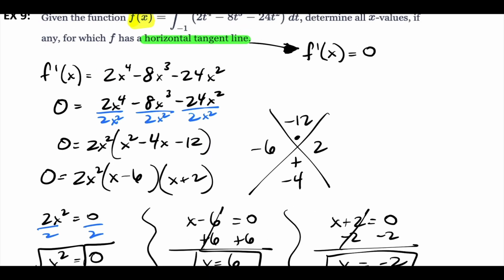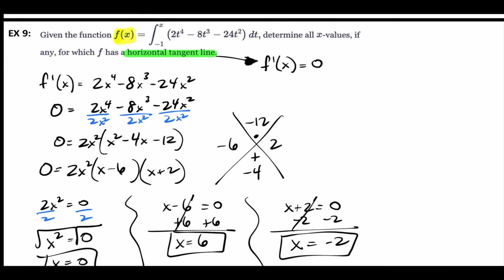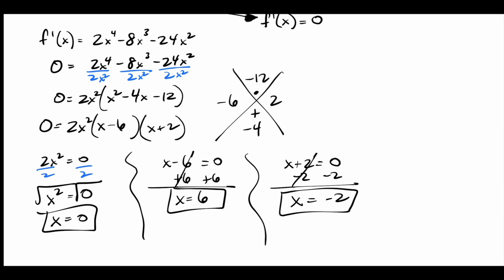Let's go back up and see if that makes sense. Determine all x values for which it has a horizontal tangent line: at x equals 0, at x equals -2, and at x equals 6, because f prime of x is equal to 0. Done. It's the same thing, you just use the equation instead.